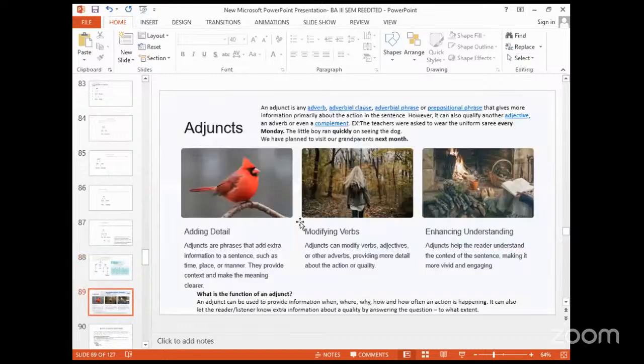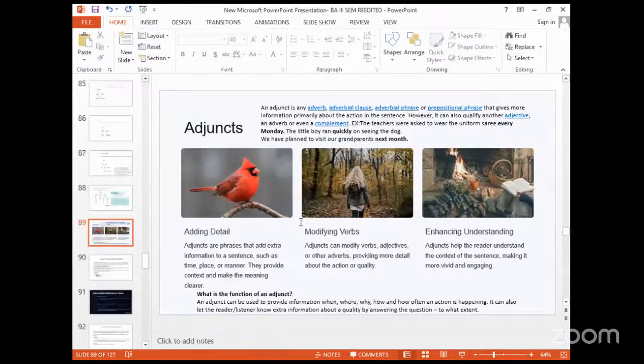Right. Coming to the adjunct. What is an adjunct? An adjunct is any adverb, adverbial clause, adverbial phrase, or prepositional phrase that gives you more information primarily about the action in the sentence.